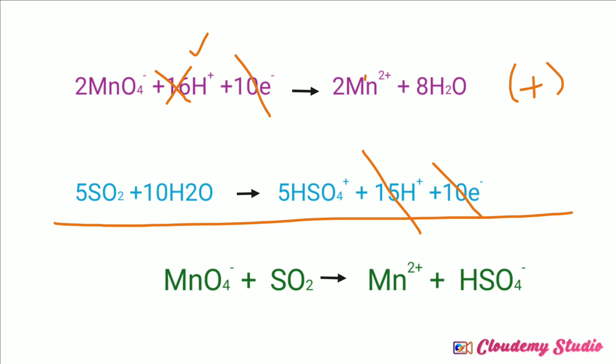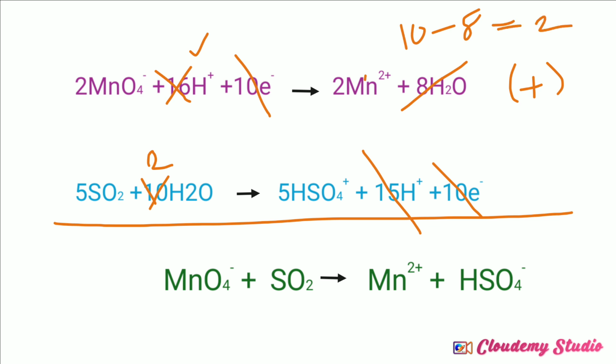The next one is water. Here 8 molecules of water, but here 10 molecules of water. So we can subtract this. When we subtract, these 8 molecules of water will be completely cancelled, and the 10 molecules of water will become 2 molecules of water, because 10 minus 8 is equal to 2.